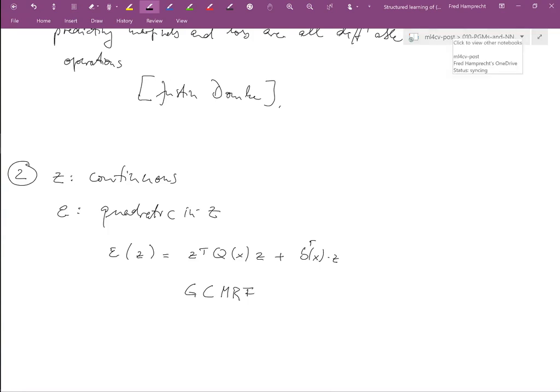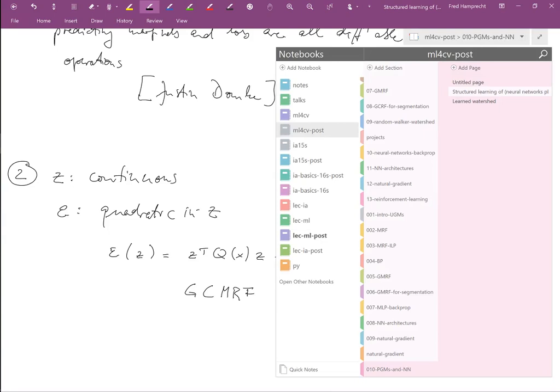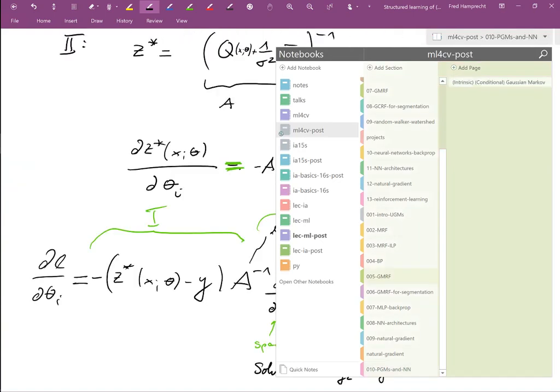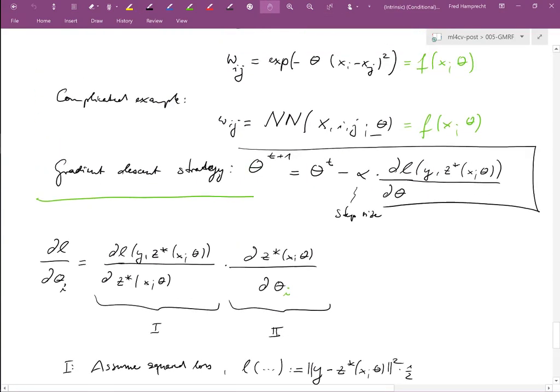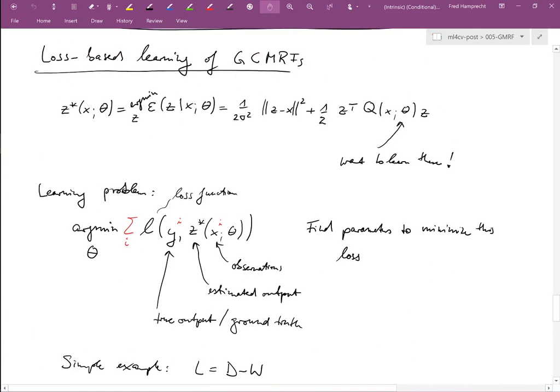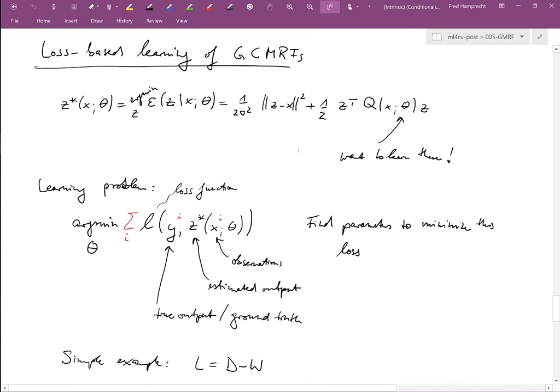And there at the time, we had even seen how to learn these things. So we discussed loss-based learning of Gaussian conditional Markov random fields. And the learning problem was formulated, that's the same thing that we wrote down today.